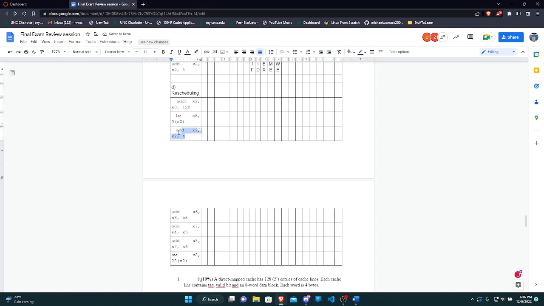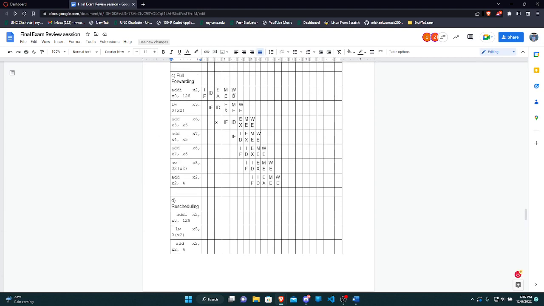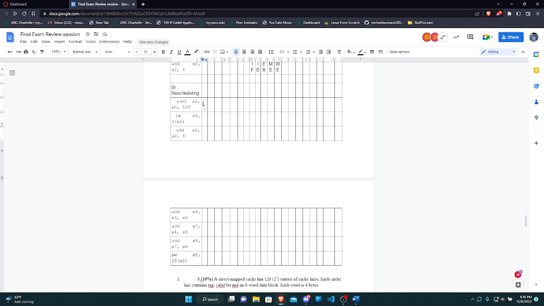So I moved this statement right here to there, but then I also accounted for me adding 4 to x2 earlier by subtracting 4 from the immediate in the store word. So this should solve your problem when it comes to scheduling. And then that gets rid of all of your cycle delays.